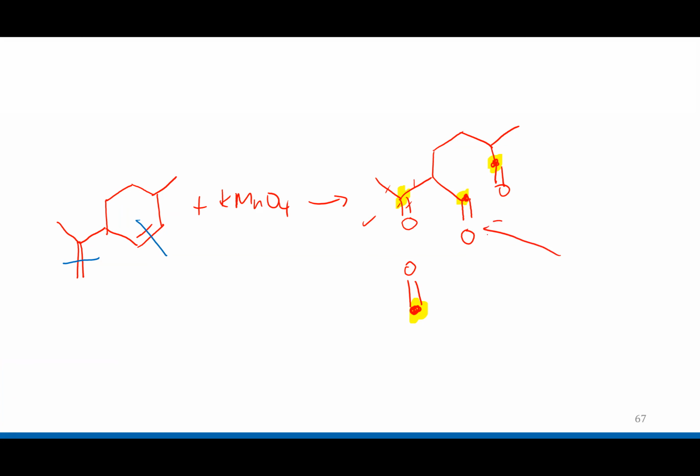Going to the two carbons on the right, I have 1, 2, 3 bonds. So I need to add another oxygen to that. So I add an OH. And here I need to add another oxygen to that. So I add an OH. So now everything has 4 bonds coming from it. Now this one on the bottom only has 1, 2 bonds. So here I add 2 bonds.